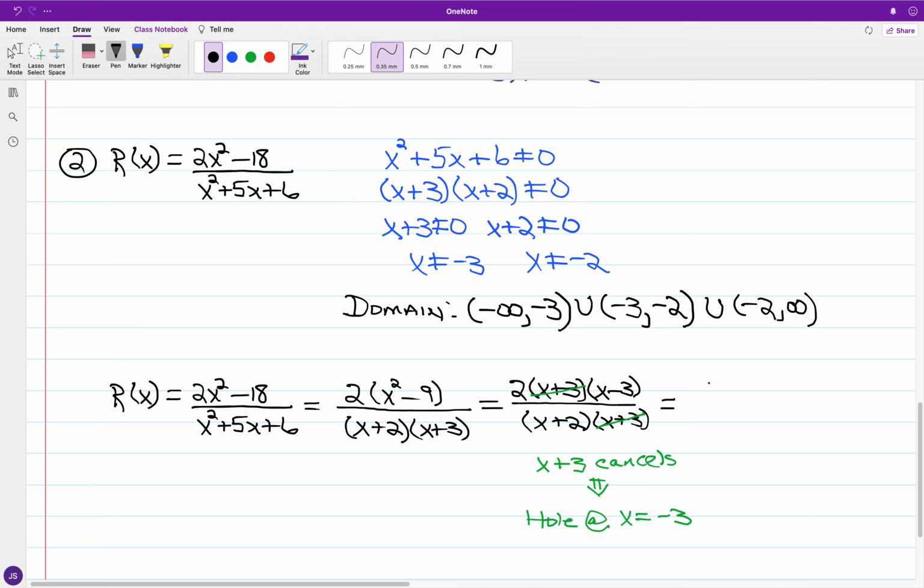And for the reduced form, we have 2 times the quantity of x minus 3, all over x plus 2. And again, x plus 2 stays. And since that factor stays, that means that we're going to have a vertical asymptote, and this will be at x is equal to negative 2.